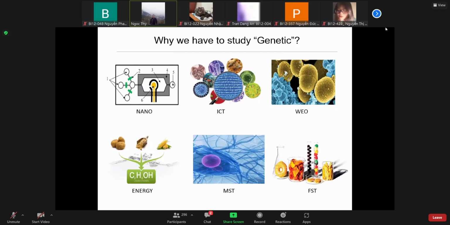Genetics and cellular biology are homologous fields, but genetics focuses more on the mechanism, on how the information is passed from DNA to RNA to protein.